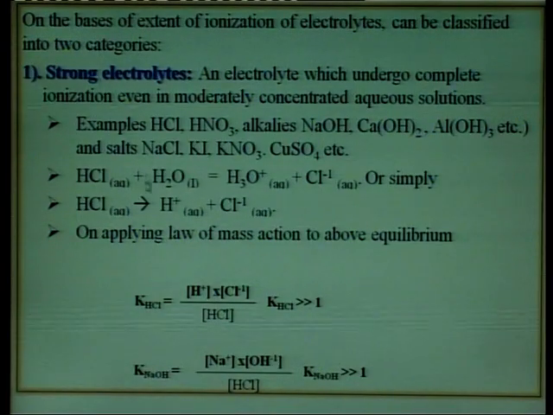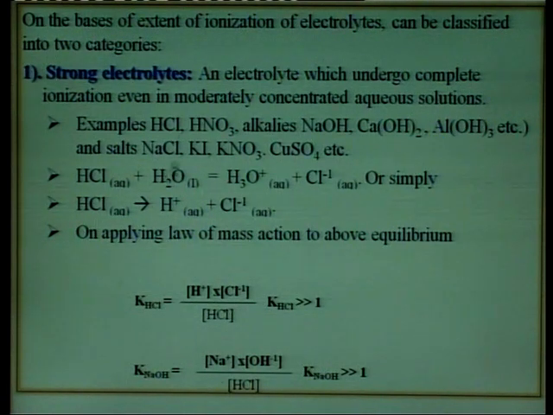This splitting is called ionization, and if you apply the law of mass action, which you discussed in previous classes on equilibrium, we can write this equation where the equilibrium constant has a much higher value than unity. Therefore, the extent of dissociation is maximum, and hence they are called strong electrolytes.